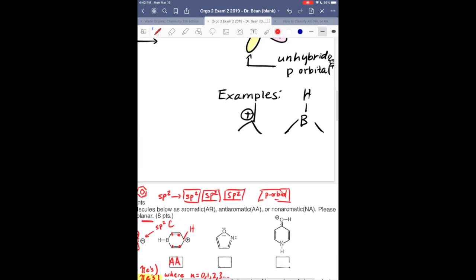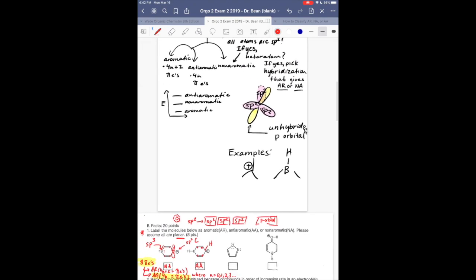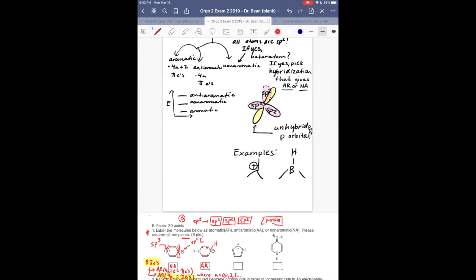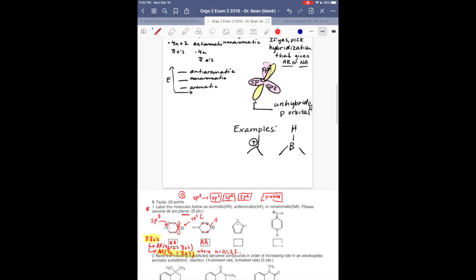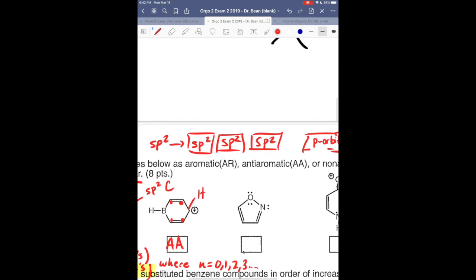Now let's move over to the other one and follow the same idea. So cyclic, planar, all atoms are sp2. So far, we're going to have to look at that oxygen later on. Now let's count our pi electrons participating in the delocalization across this ring. We got 1, 2, 3, 4. This right here, what type of orbital would you say the lone pair is in?